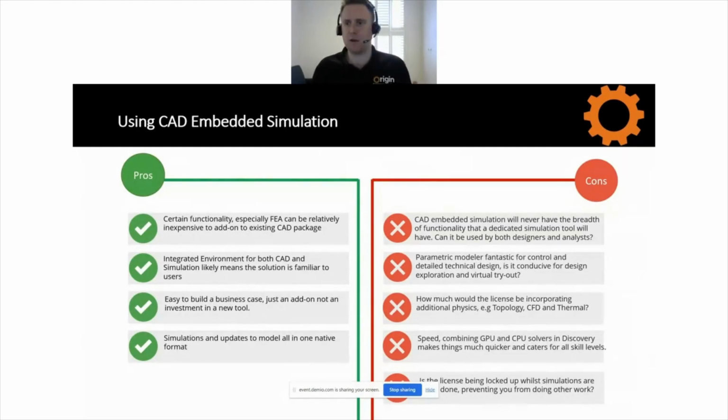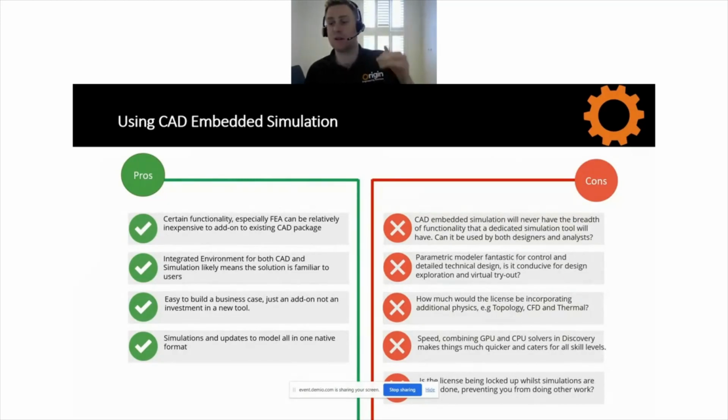And I think for those of you, you wouldn't be on this webinar if you didn't have an interest in simulation. For those of you that are going to try and get money from your management team, sometimes I guess it is easier just to ask for a little more with something that you've already got than it perhaps is to go for a different software tool. I think finally, you can't deny that there is some benefit to being able to run simulations and update a model in its native format for a variety of reasons, which you'll all probably be aware of.